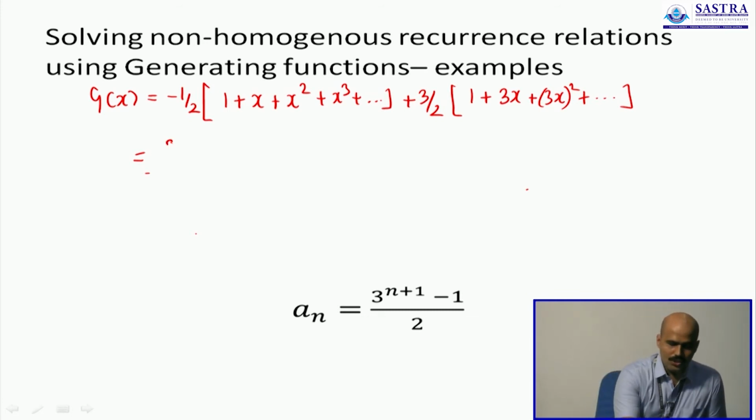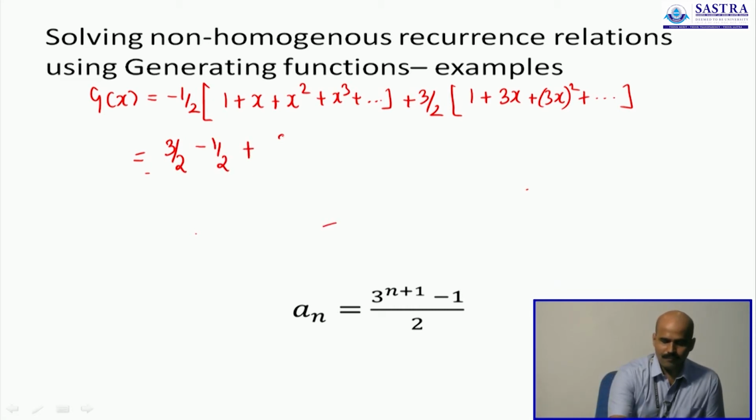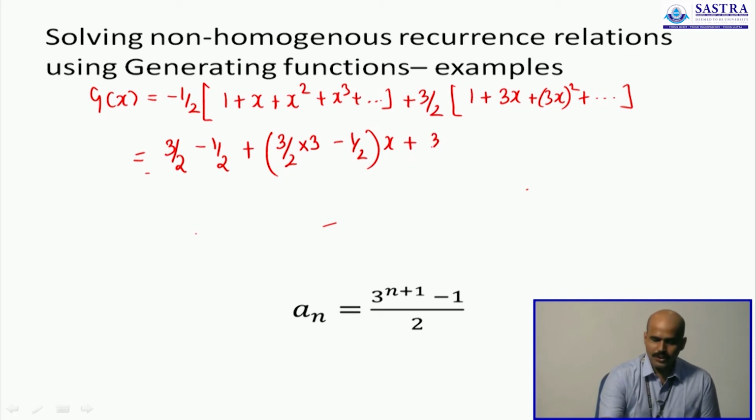Let's group the constants first. 3 by 2 minus half plus the x term, which is 3 by 2 times 3 minus half times x, plus 3 by 2 times 9 minus half times x squared, so on and so forth.